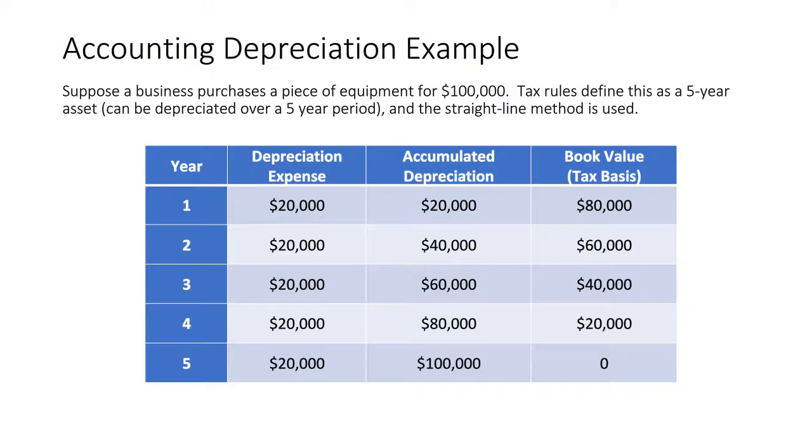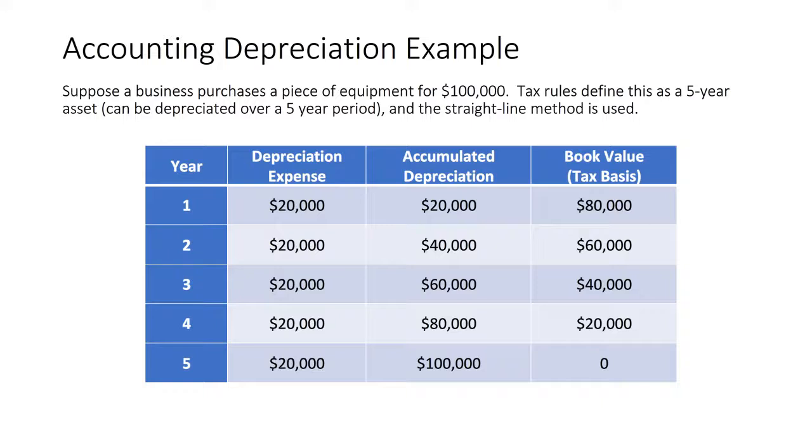That increases our accumulated depreciation on this asset to $60,000 and reduces our book value to $40,000. In year 4, another $20,000 in depreciation expense increases our accumulated depreciation on this asset to $80,000, reducing the book value to $20,000. And then finally in year 5, the final installment of depreciation expense, if you want to look at it that way, of $20,000.